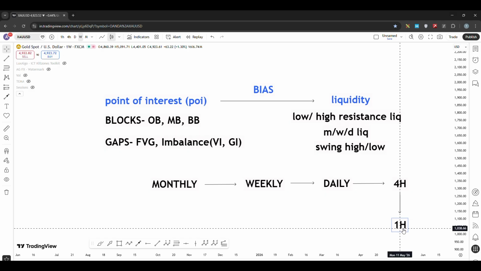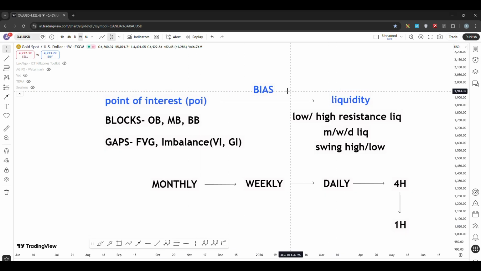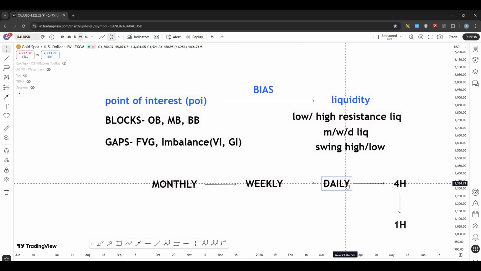We want to trade the algorithm, and for that we have to keep a respectable time frame, which is going to be 1 hour. We do not want to go below 1 hour to find points of interest or liquidity to find the bias of the market.